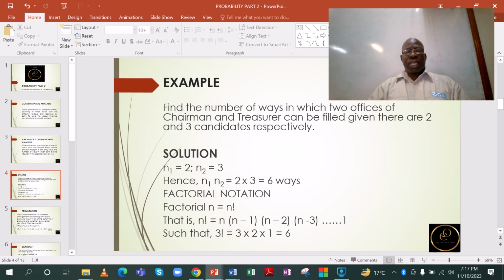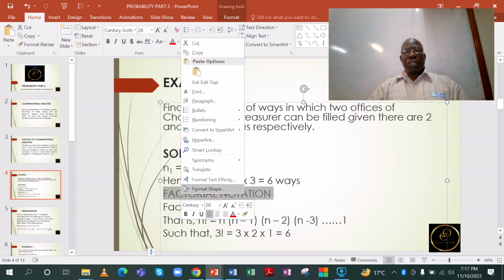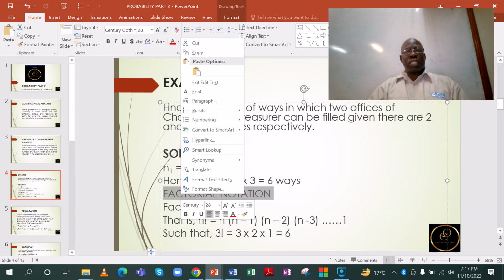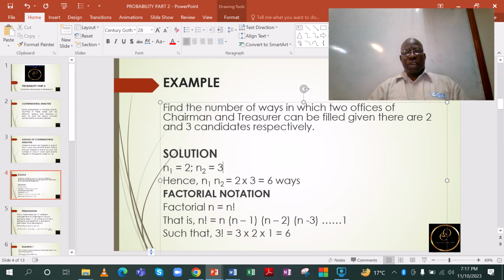Let's look at the factorial notation, which is also an important aspect that we need to look at. For those who are going to be using combinatorial analysis, you cannot run away from this notation, which is represented as n!, with an exclamation mark, and pronounced as n factorial.